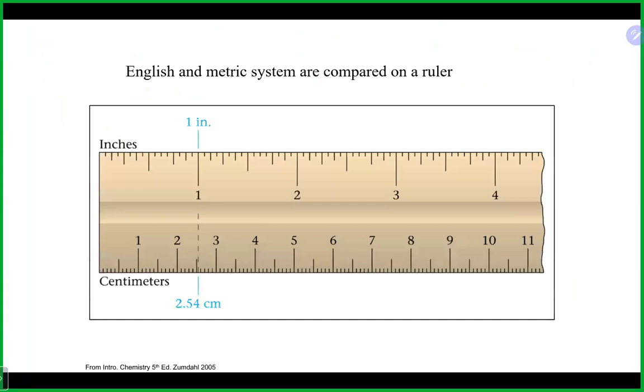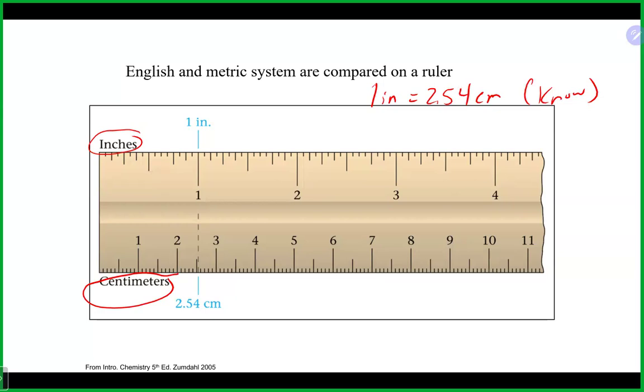Now, this is a ruler, and it illustrates a common ruler and the difference between the English version and the metric version, as you are probably aware. Up on top here, these are inches. On the bottom are centimeters, and 1 inch is exactly 2.54 centimeters. That is definitely a conversion that you should know. So 1 inch is equal to 2.54 centimeters.